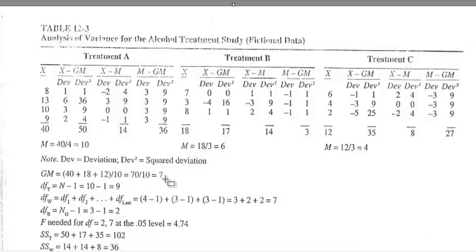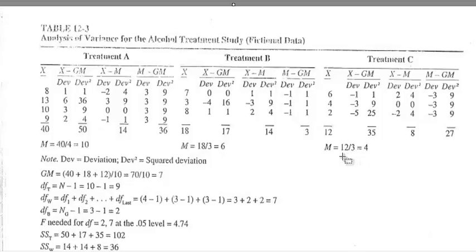We then look at what the mean is for each group. In this case, the sum of the scores from treatment A was 40. We divide that 40 by the number of observations, which is 4, and that gives us a group mean of 10. The group mean for treatment B is 6, and the group mean for treatment C is 4.